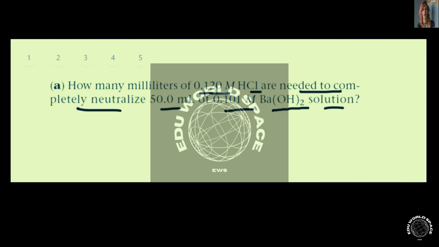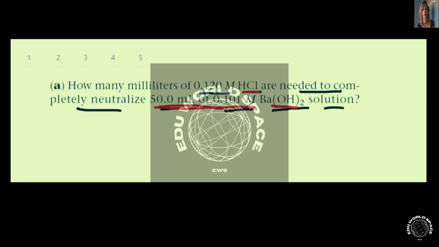So to find that, what we'll do first is find the number of moles for this volume and this molarity of barium hydroxide. From there, using the balanced equation for this reaction, we will find out how many moles of HCl we need to neutralize that much mole of barium hydroxide.